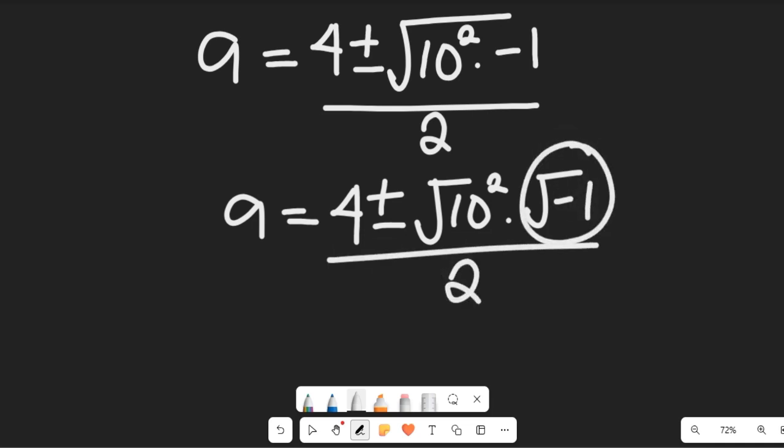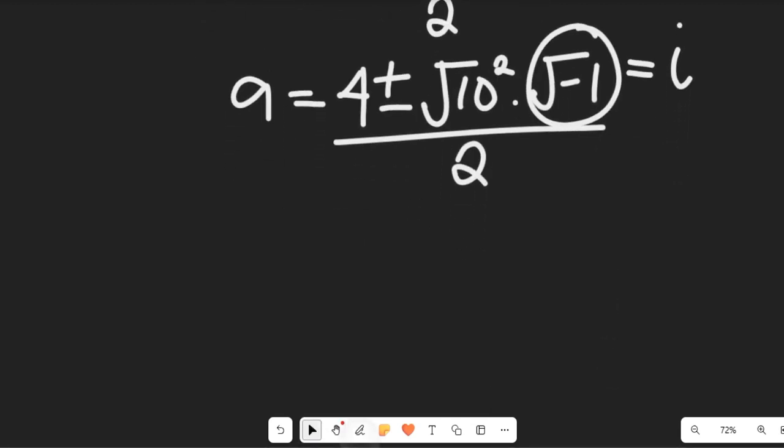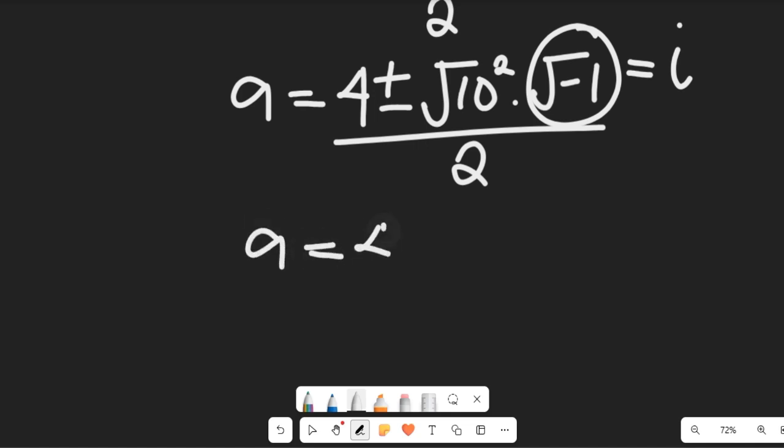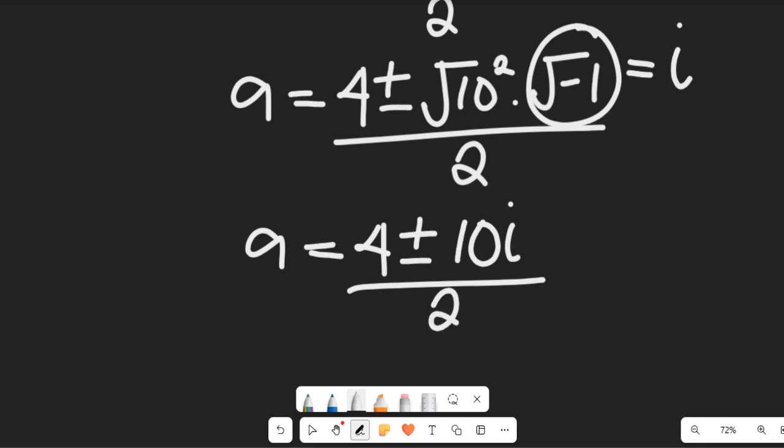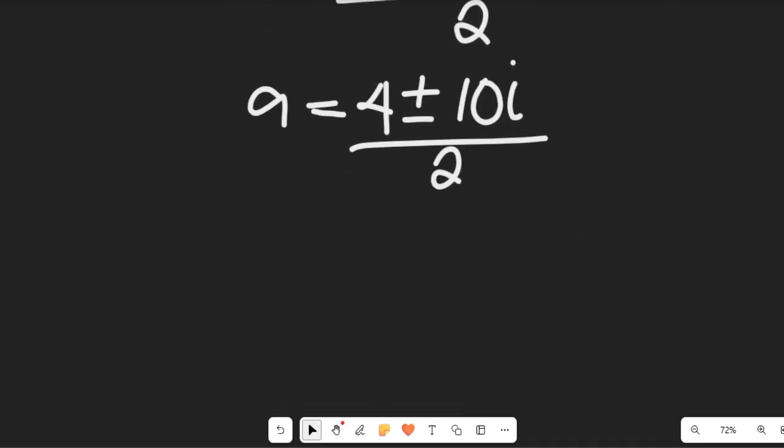Now you know this can be equal to the imaginary according to complex numbers. So we're going to have a equal to 4 plus or minus 10, then j, divided by 2. So we'll have that expression.